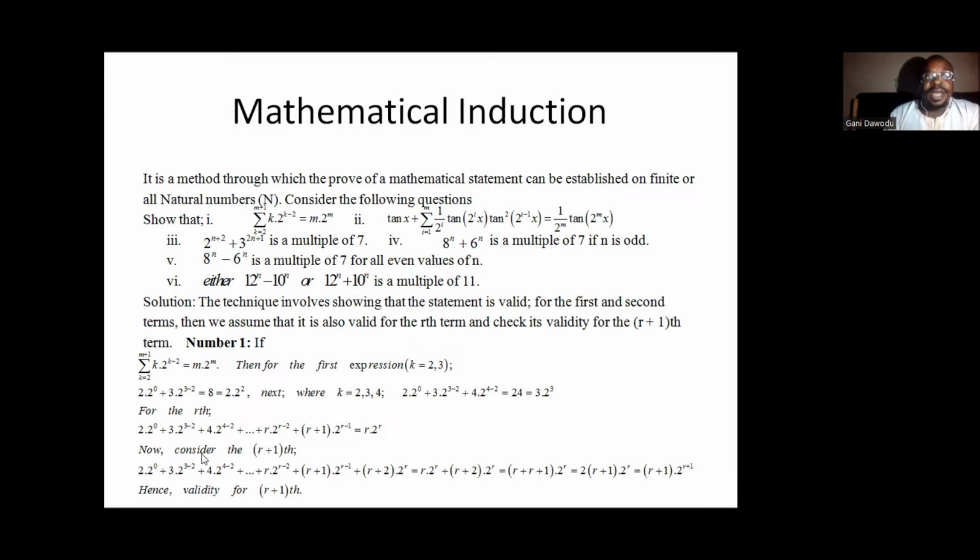We now consider the r plus 1 case. After considering the r plus 1 case, we add it to both the left and the right hand side of this expression. As we do so, we arrive here.